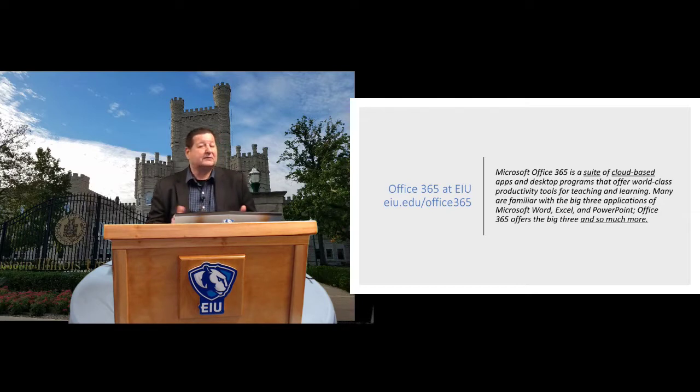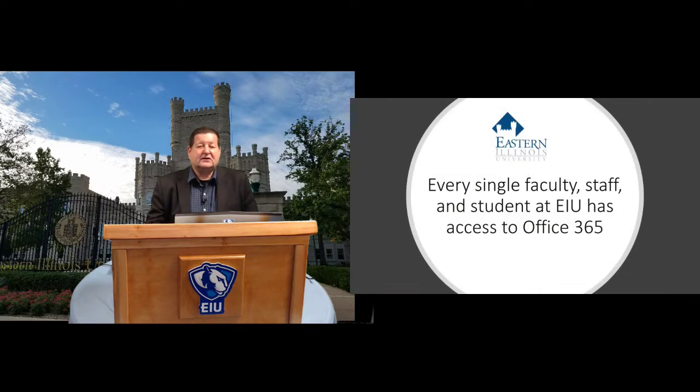Now, many of you are familiar with Word, Excel, and PowerPoint. However, Office 365 offers so much more. Every single faculty, staff, and student at EIU already has access to Office 365. All you need to do to access it is to go to Panther Mail and log in with your user ID and password.